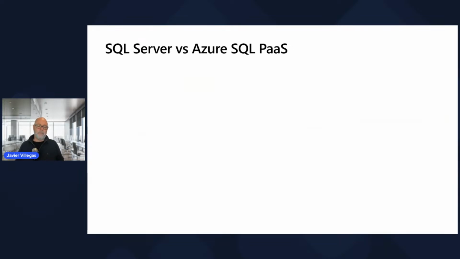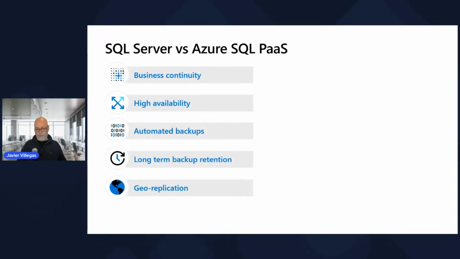So, all right, we move our database infrastructure to Azure, to the cloud. What are the benefits that we have over there? Well, first of all, we have all the possibilities of business continuity and high availability, right? We know that on our SQL Server environment on premise, I won't say that it's impossible to do that, but to accomplish high availability and disaster recovery is a complex task, right?